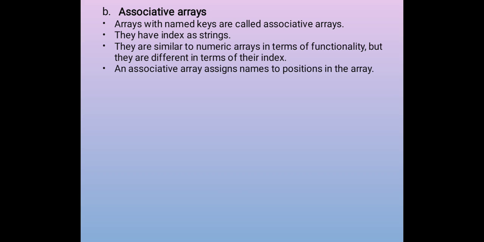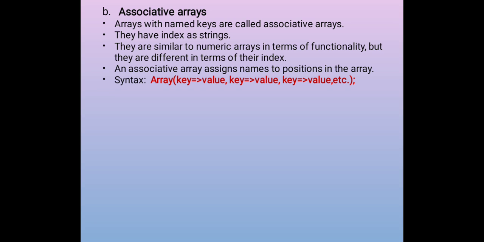In indexed arrays the index is represented by numbers, but associative arrays have their index as string.